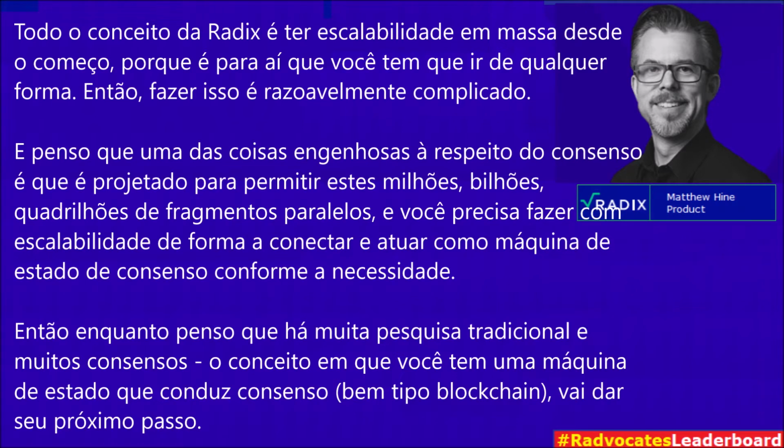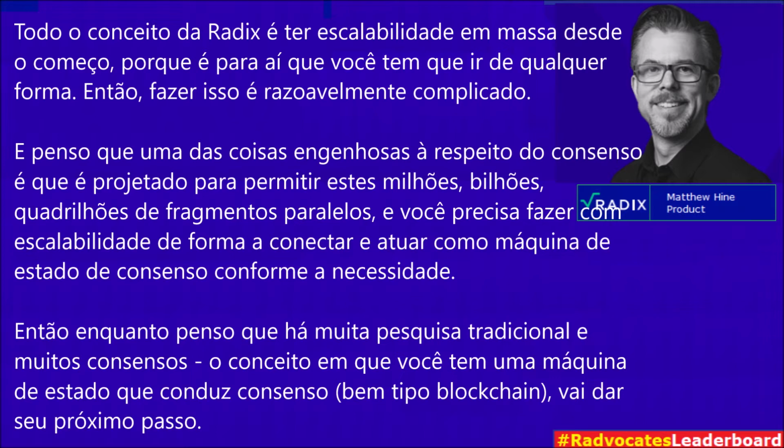Doing that is fairly tricky. One of the clever things about Cerberus is that it's a design that allows the millions, billions, quadrillions of parallel shards that you need for that scalability to connect and act as consensus state machines as needed.